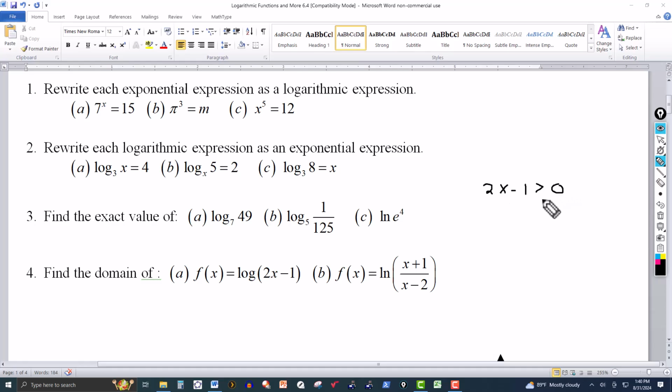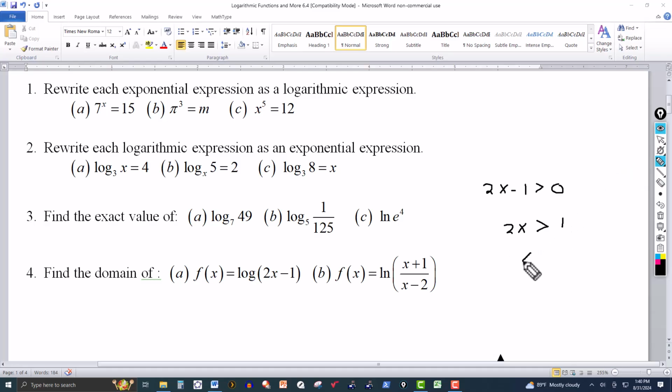We want values here that'll make this positive. Then just solve it for x. That's 2x, add 1 to both sides. This is greater than 1.